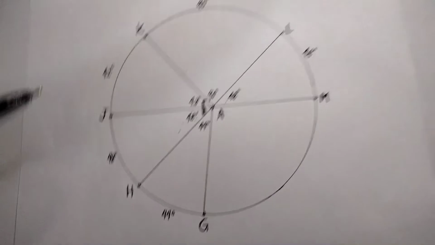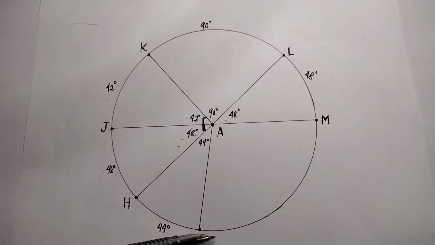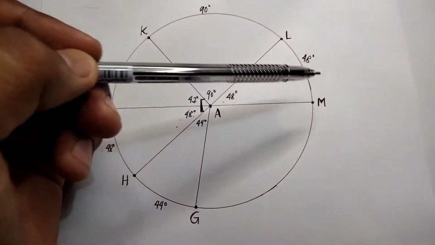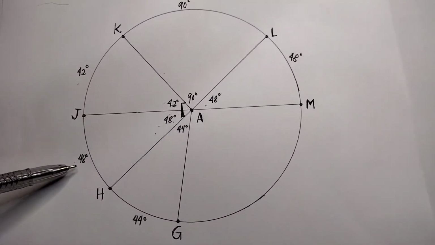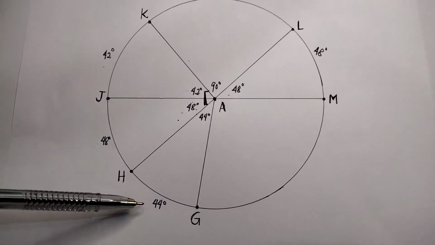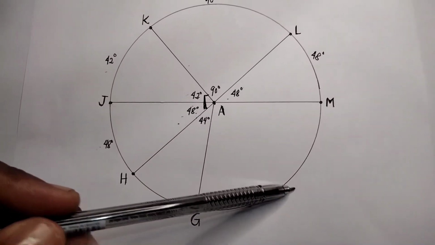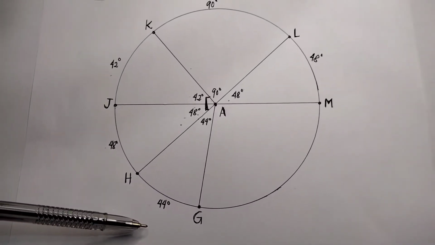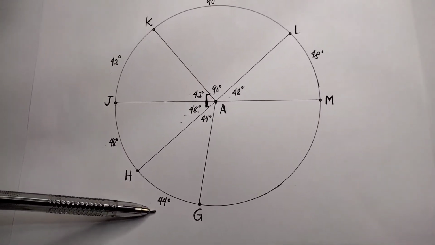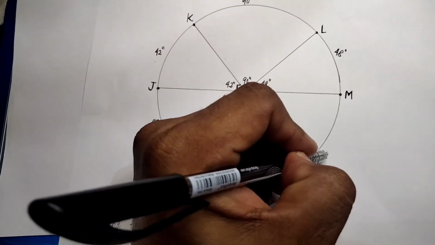Next, we already have 48 here and 44 here. What is the measure of this arc? Again, this is also a semicircle. We add 48 plus 44, which is 92, and subtract it from 180, and this is 88 degrees.